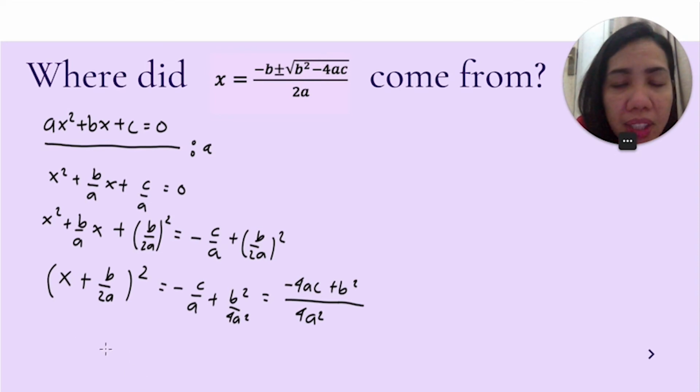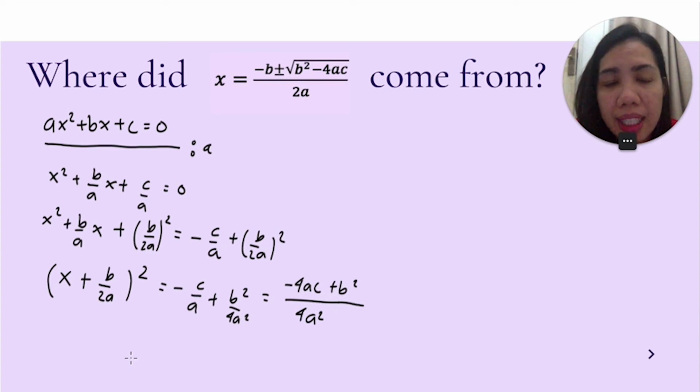Now let's continue. Because we want to put only x on the left side, we have to get rid of this square here. Do you know how? By taking the square root. Let's take the square root of both sides. Here we'll have x plus b over 2a equals the square root.